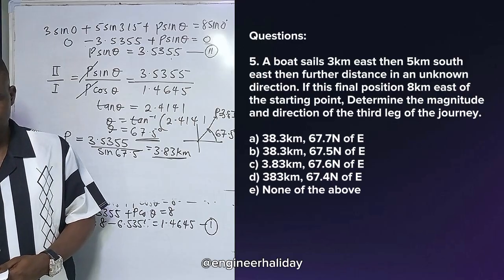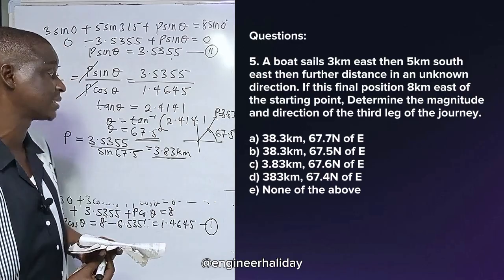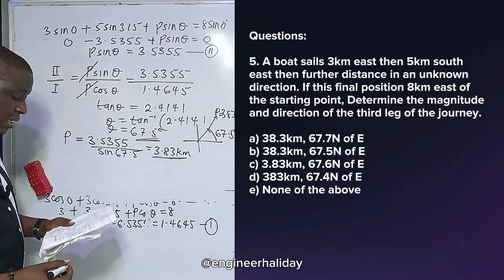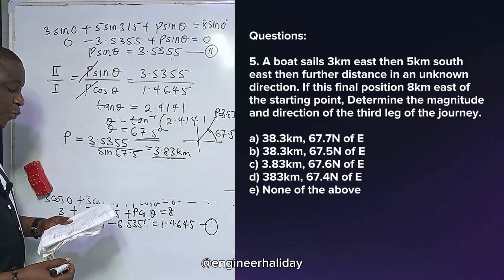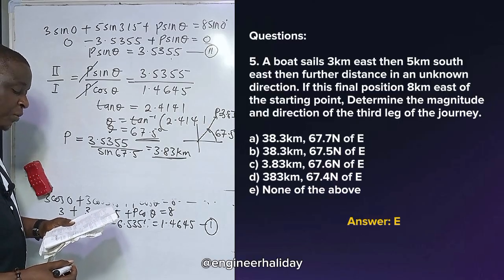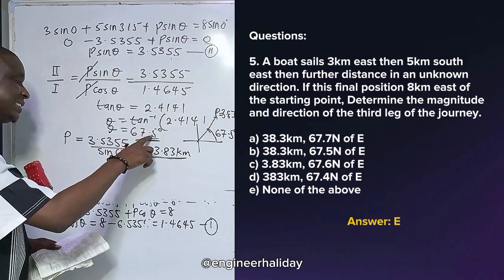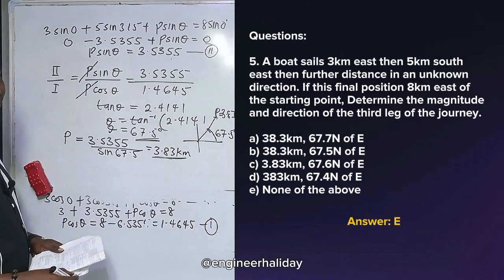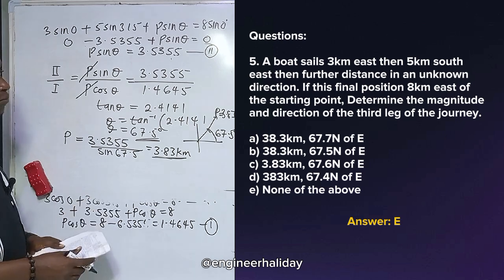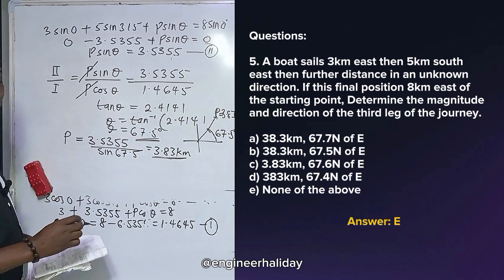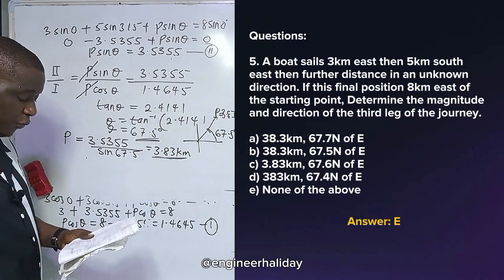If I'm to check this question and choose my answer, I will go for none of the above, because C is 3.83 kilometer, 67.6 degree north of east, while this one is 67.5. Understand now? If none of the above was not there, I would go for C. So I will go for none of the above.